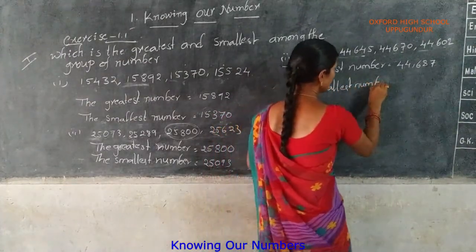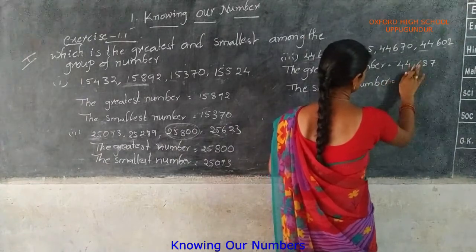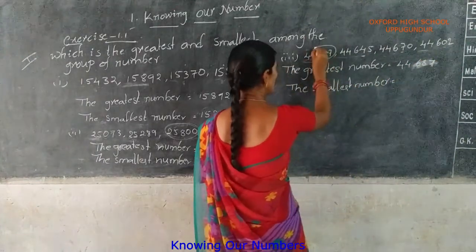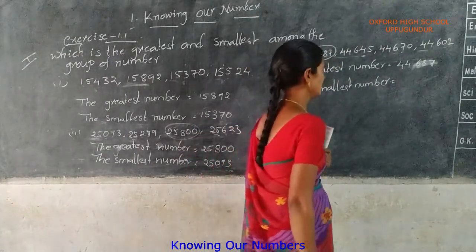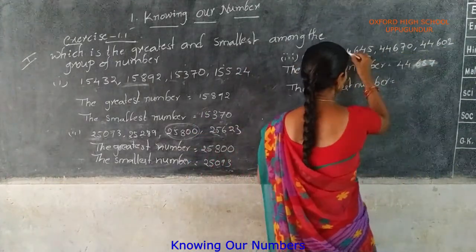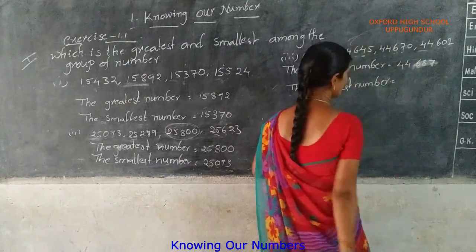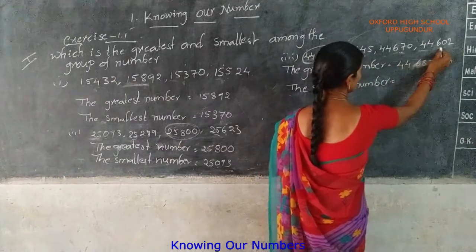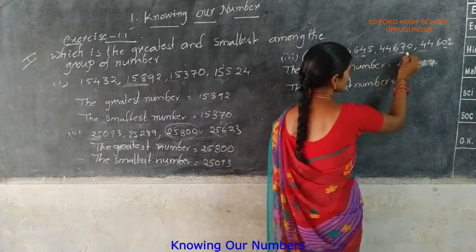Next, the smallest number. This number is over, the greatest number. In the remaining 3, comparing with the tens place: 0, 7, 4.